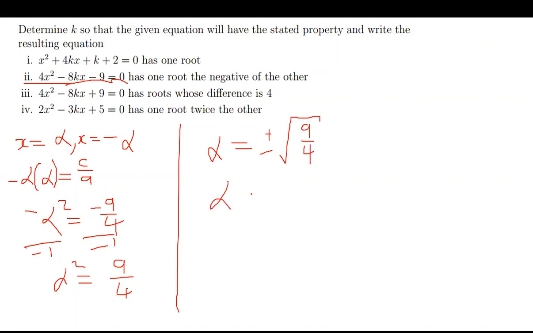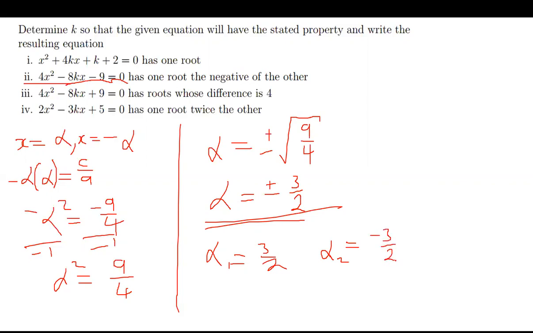So this gives you plus or minus 3 over 2. So these are the 2 solutions that we have for alpha, meaning these are the 2 roots that we have. So alpha 1 is equal to positive 3 over 2, and alpha 2 is just going to be equal to negative 3 over 2. So this is what we're going to have as our values of alpha.